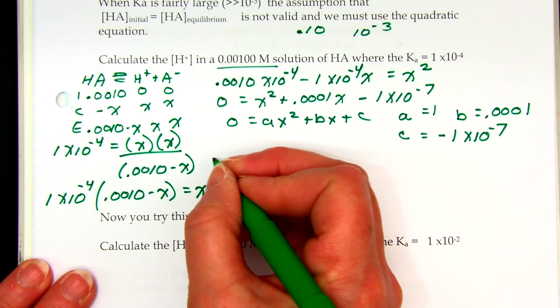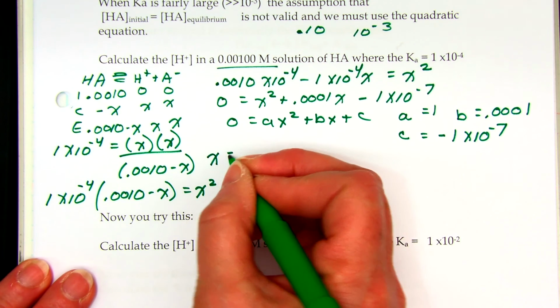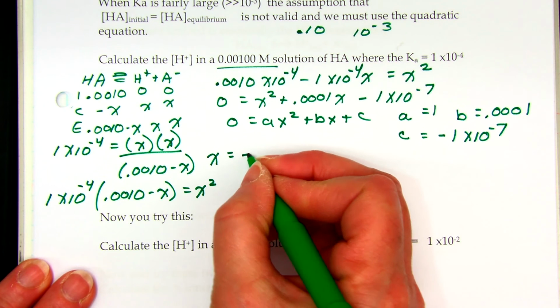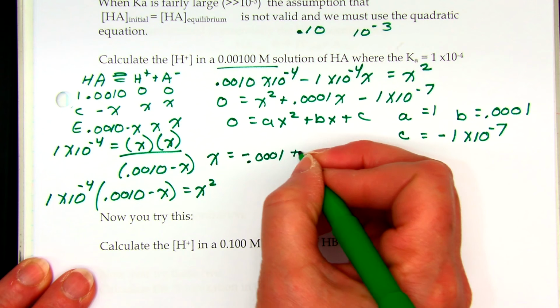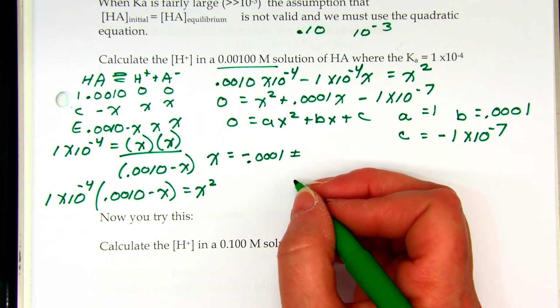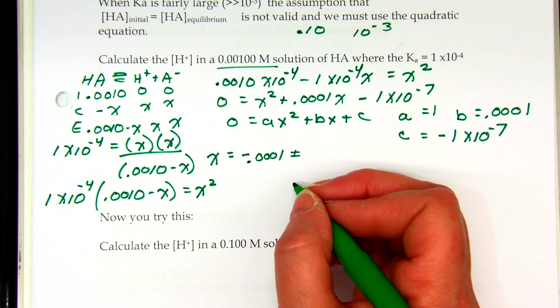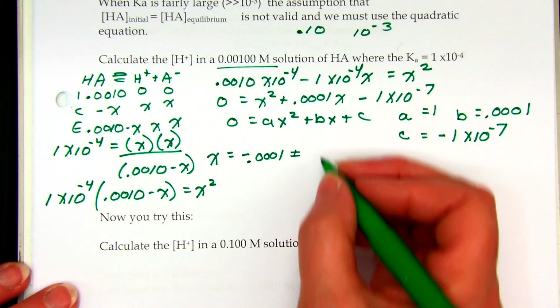So we know that X is equal to minus B, negative 0.0001, plus or minus. Now, when you do the quadratic, you get two roots, but only one of them makes sense in chemistry because you can't have a negative concentration.